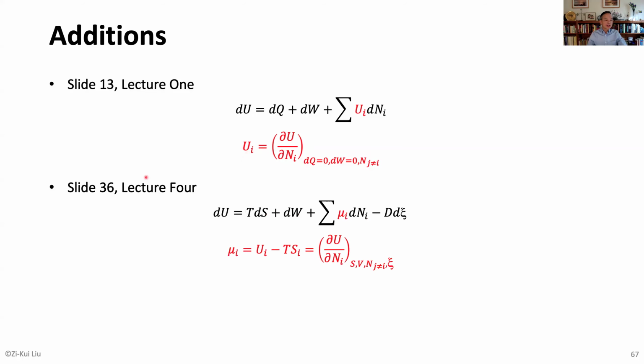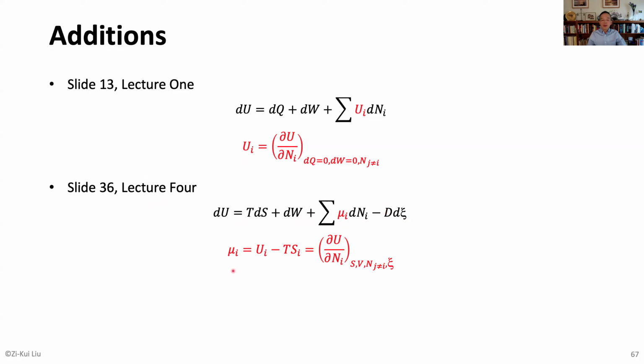And on slide 36, lecture 4, I presented the combined law: dU equal to TdS plus dW plus summation of mu i dni minus d dxi, for the internal processes.